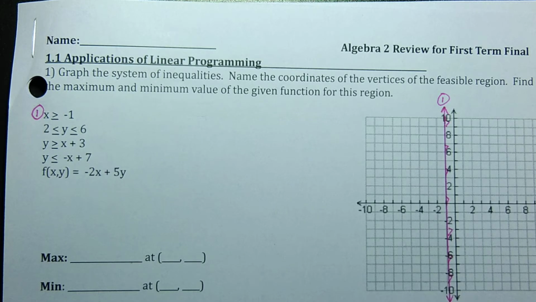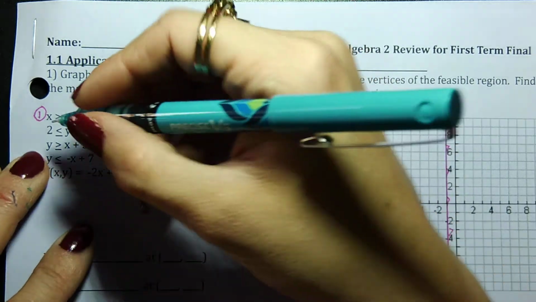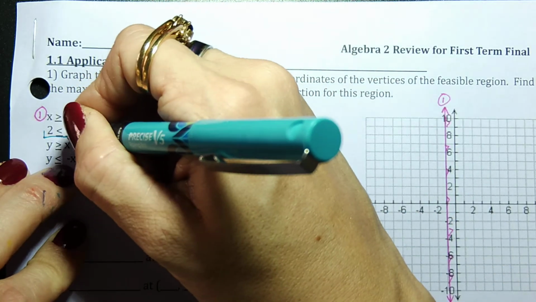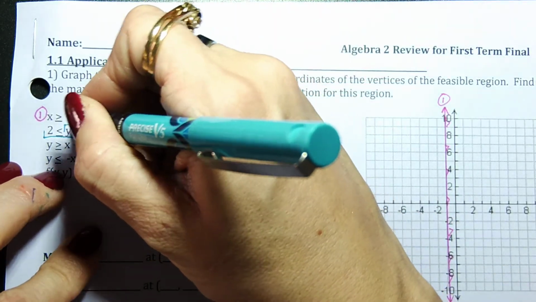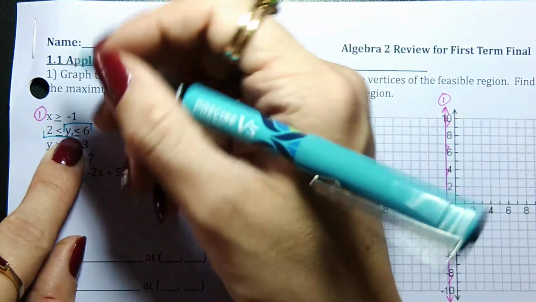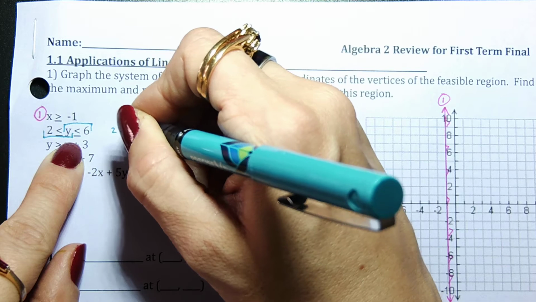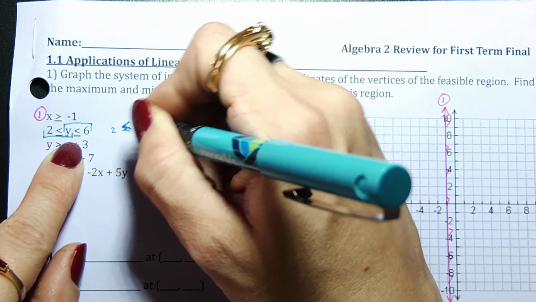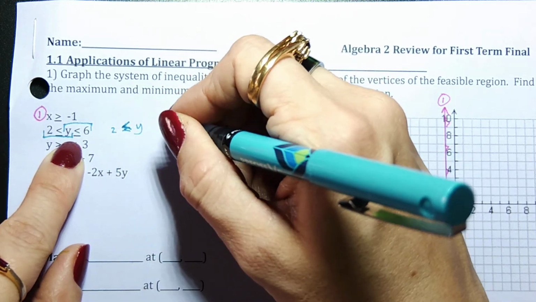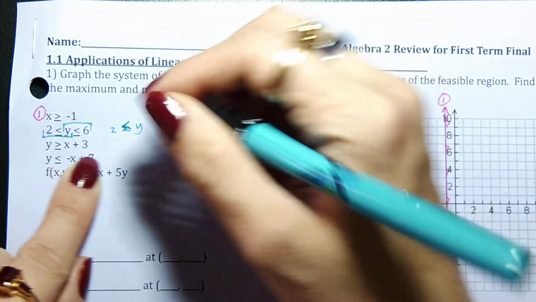Now, number 2, what's a little bit odd about this one? There are 2 inequality symbols. So this is kind of like pulling apart an Oreo where you can get frosting on both cookies. So we are going to twist this apart and say that 2 is less than or equal to y, and y is less than or equal to 6.